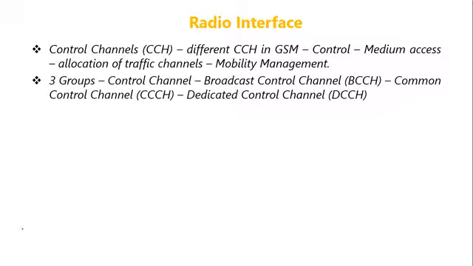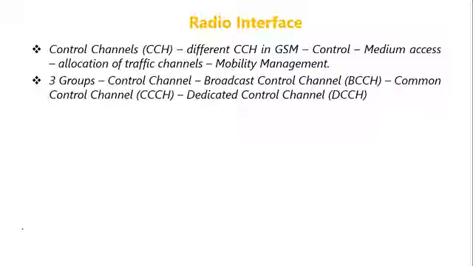Traffic channels are also allocated by control channels, and they handle mobility management. So these are the three prime tasks done by control channels: control on medium access, allocation of traffic channels, and mobility management.